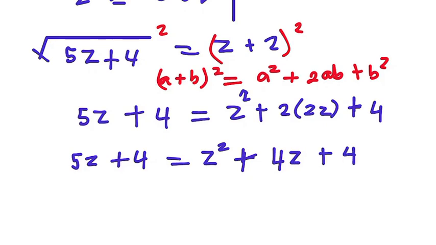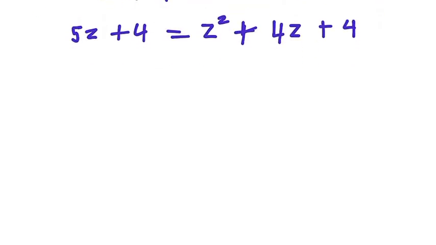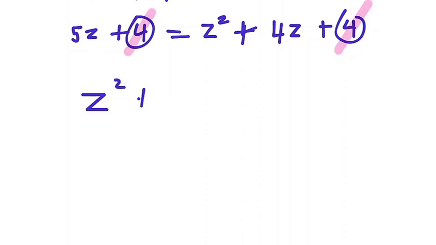Now looking at both sides of the equation, you can see that this and this are the same thing, so we can cancel them. Then we're going to have z squared plus 4z minus 5z, then everything equals 0.